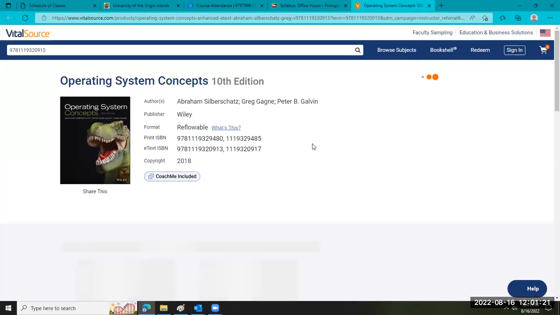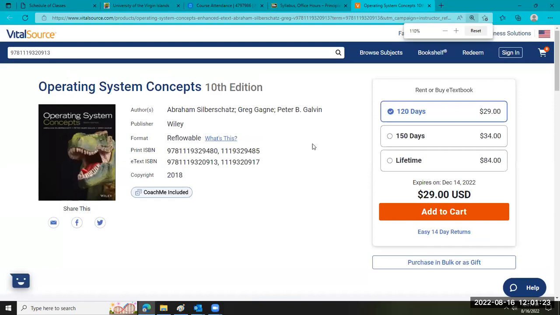Can everybody see the dinosaur? Yes. And can everybody see what edition we're dealing with? Yeah, the 10th. So this is really a reference that was revered and honored for decades.